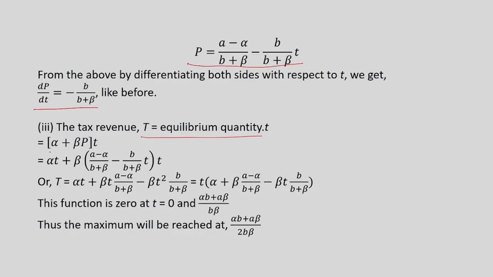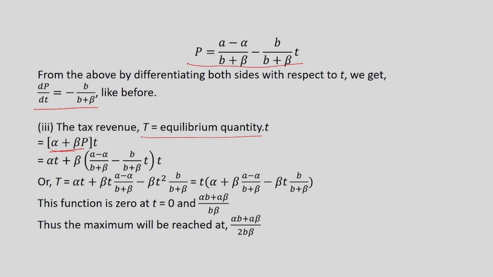It is given by either of the expressions for demand or supply, but these demands and supplies are evaluated at the equilibrium values. So, equilibrium demand and equilibrium supply. I just take the supply expression, which is alpha plus beta p, where p is the equilibrium price.